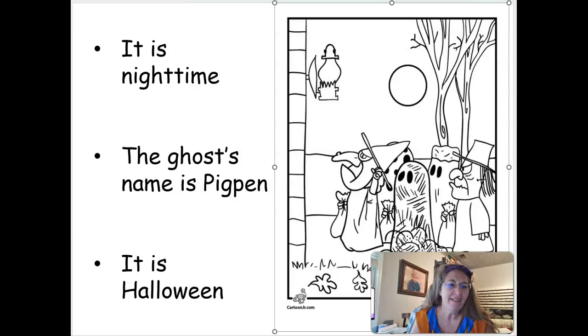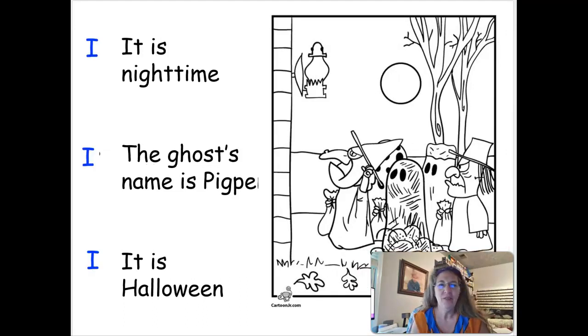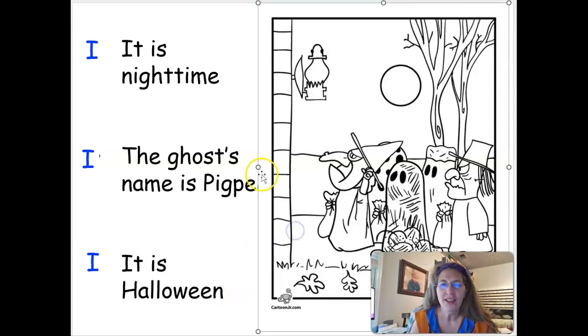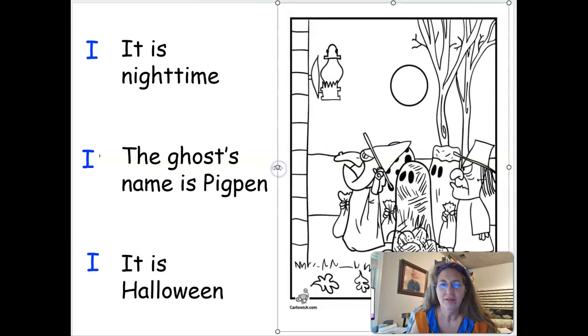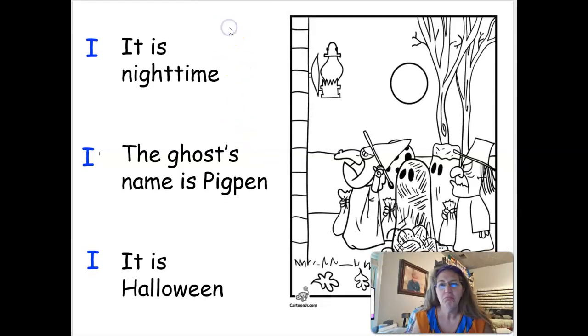So what'd you get? They were all inferences. It is nighttime: you base that on the circle in the sky, thinking that it's the moon, but it could be the sun.